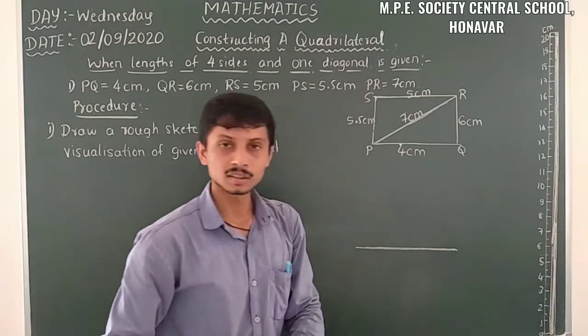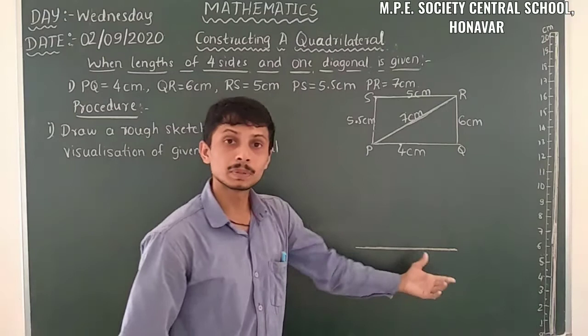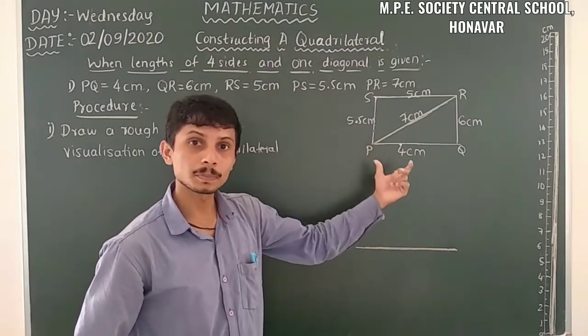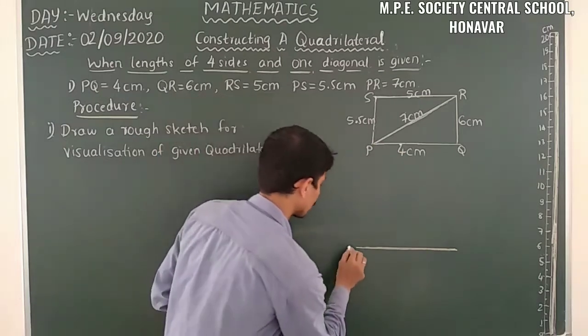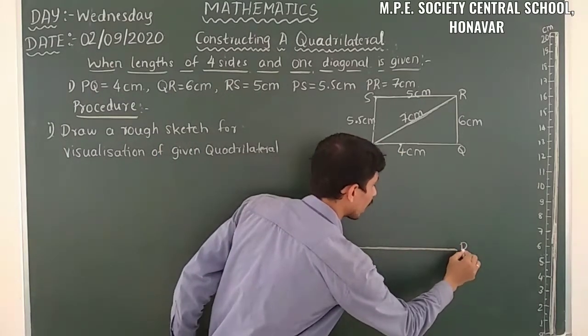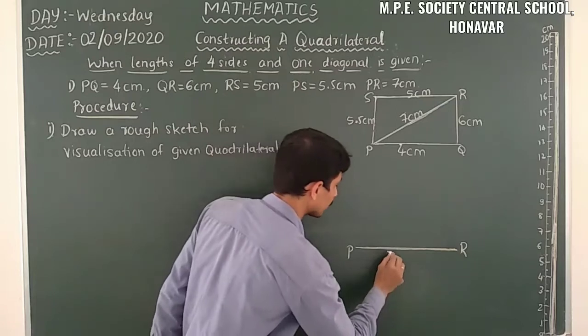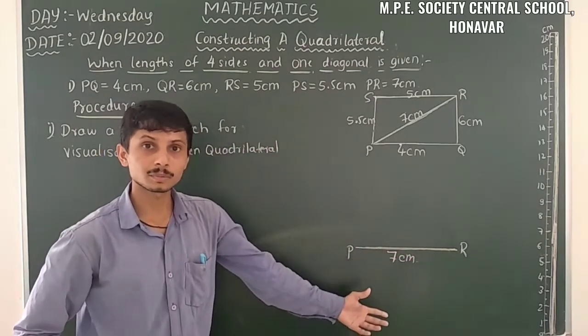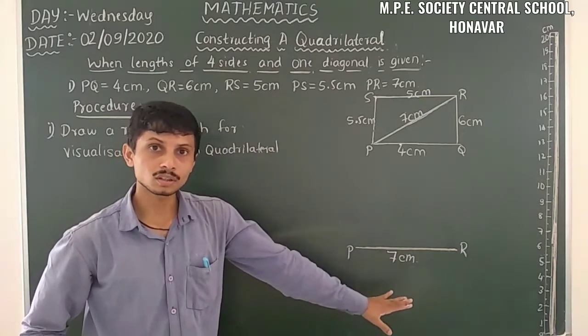So this is the length of PR. I just drew the length of PR, that is the diagonal, here. So that means it's P and R. After that, just label it 7 centimeter. So PR is equal to 7 centimeter. So we drew the diagonal.